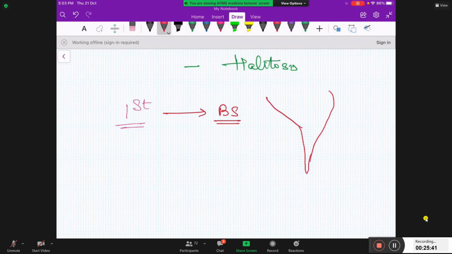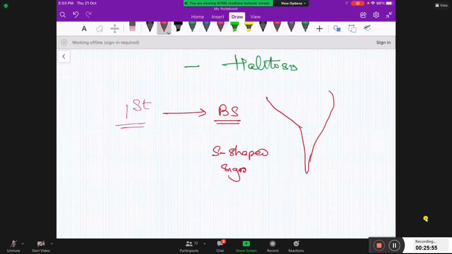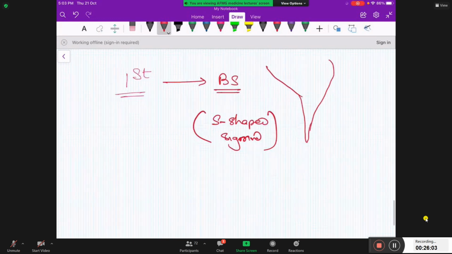What else do we get? S shape or sigmoid esophagus also.